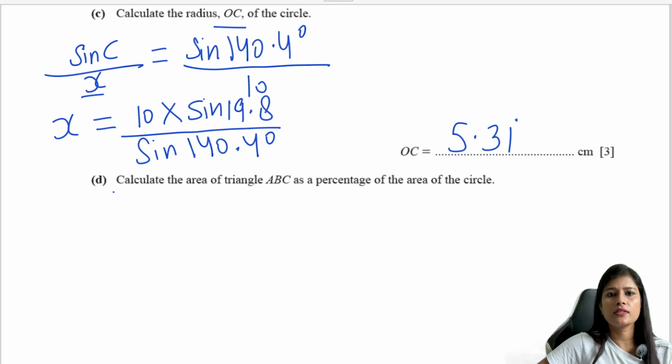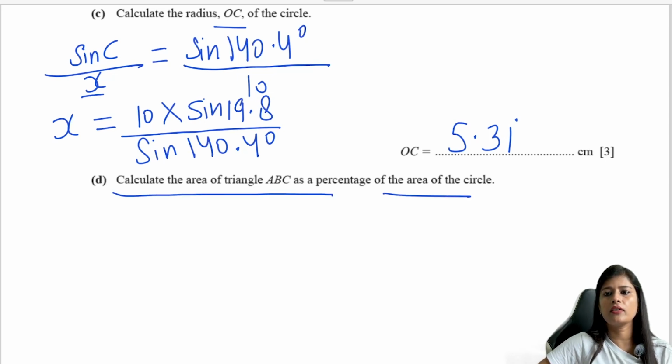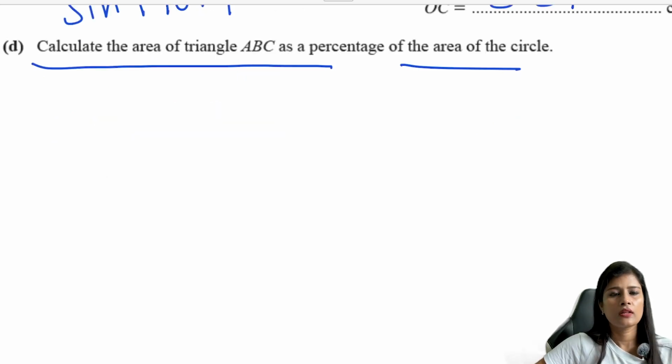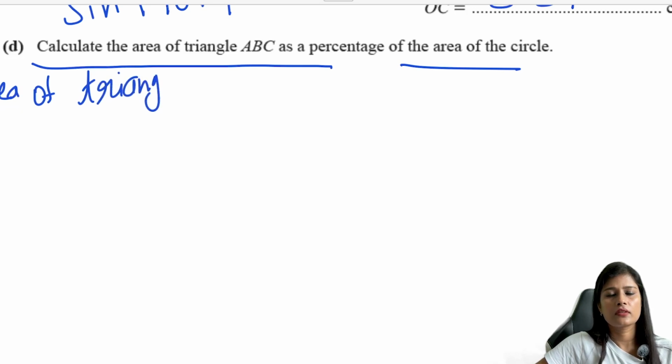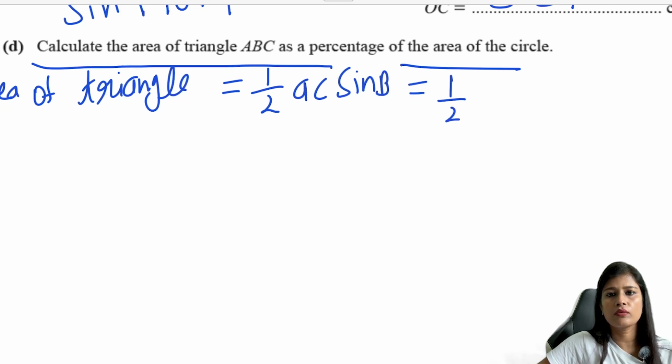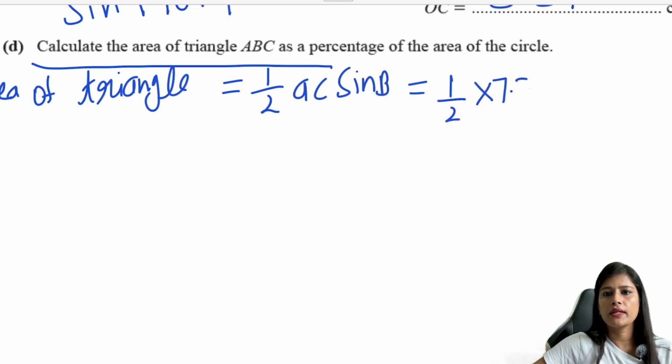Now the last question is calculate the area of the triangle ABC as a percentage of area of the circle. So we know area of triangle is 1 over 2 AC sine B. So 1 over 2 times 7.7 times 9.5 times sine 70.2.